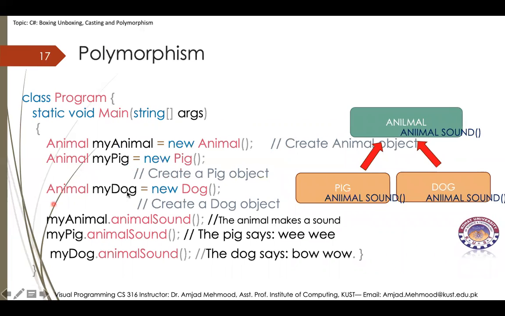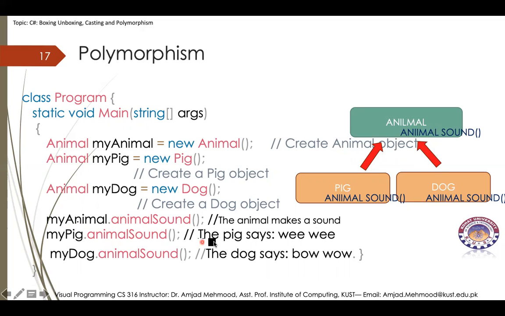For example, we have the Animal object, and I am assigning my child class object to the parent, Animal, named my dog. Whenever you bind the object of the parent, which is my animal, you will get the message from the parent method.